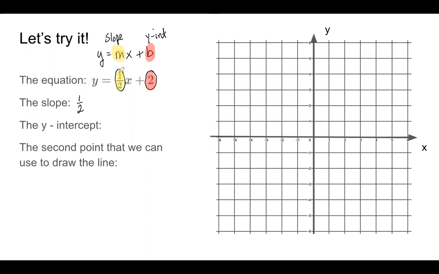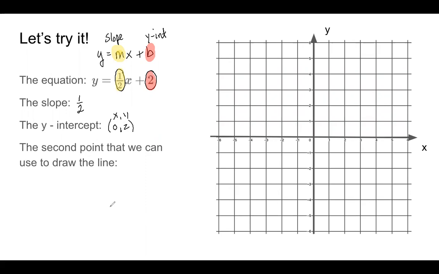And that is going to be 2. So 2 is our y-intercept. (0, 2) is technically our y-intercept, right? Remember, 2 only gives us the y coordinate of the y-intercept, but the x coordinate of the y-intercept is always 0. So as long as I know the y coordinate, I know where this point is.